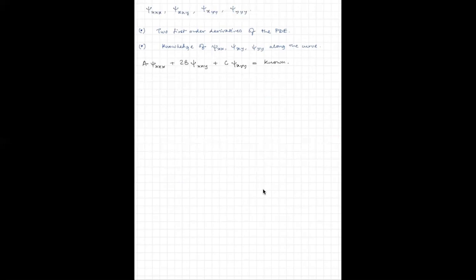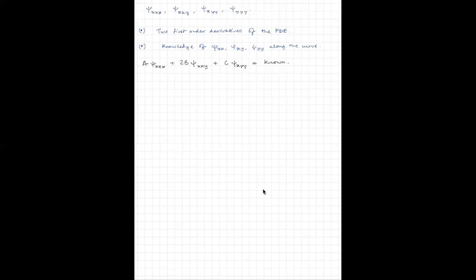So this equation involves three out of the four things that we are interested in. We want an additional relationship involving these three. This is something that we can do if we differentiate the known quantities psi xx and psi xy along the curve at s equal to s naught.